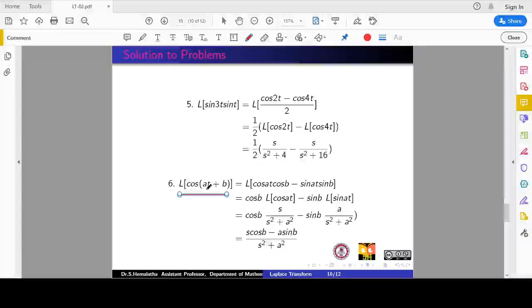So use your cos of A plus B formula as cos A cos B minus sin A sin B. This gives you the values of constants cos B and sin B. So now cos B is a constant, pull it out. Sin B is a constant, pull it out and rewrite your formulas. So only when you do this conversion is it going to work.